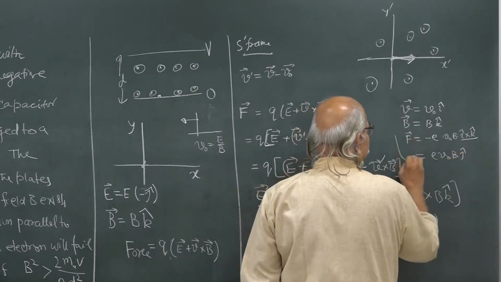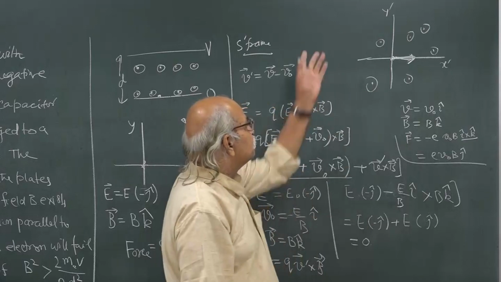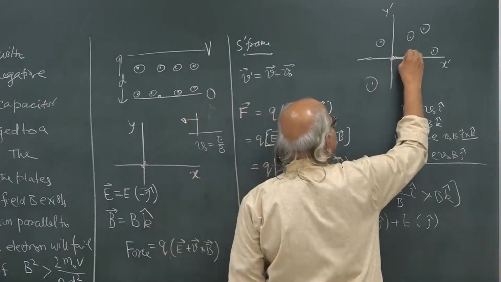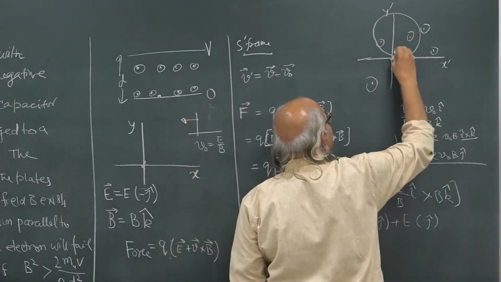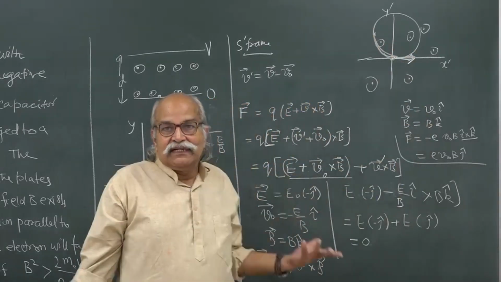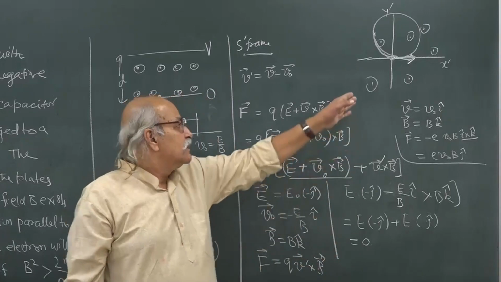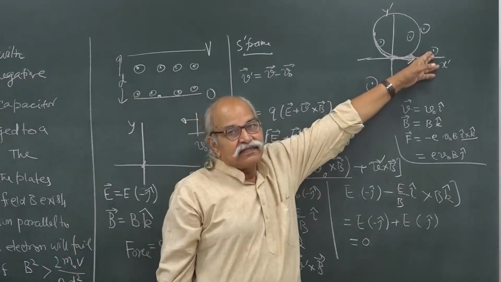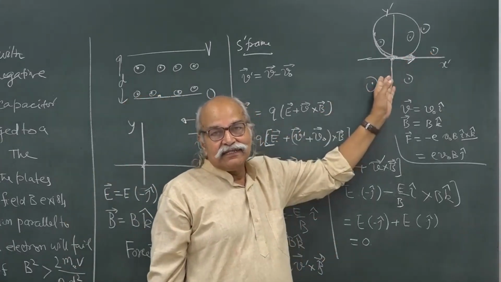That means it will bend in this direction and go in a circle, because you do not have any electric field, and the initial velocity is perpendicular to the magnetic field, and therefore it will go in a circle.